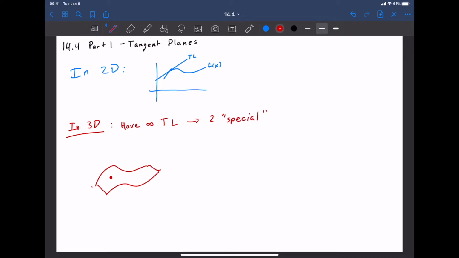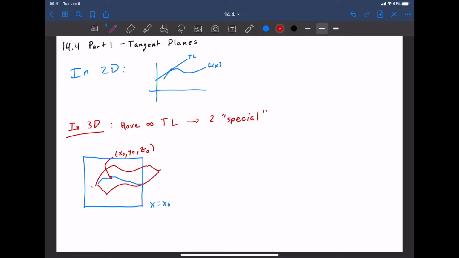So if my point is somewhere x naught, y naught, z naught, we can take a plane parallel to the y-axis. That's going to be x equals some x naught, and that'll give us some curve that's the intersection of that plane with the surface.